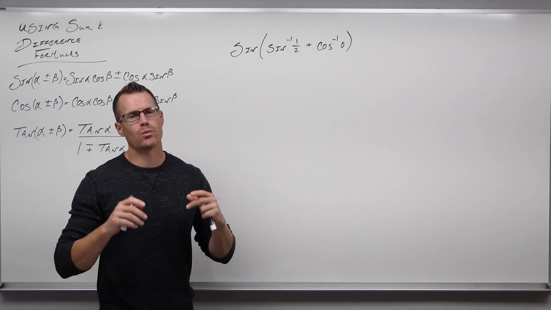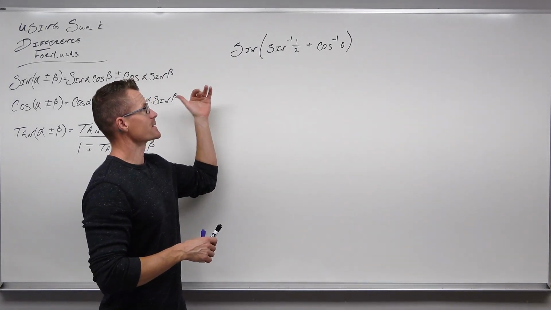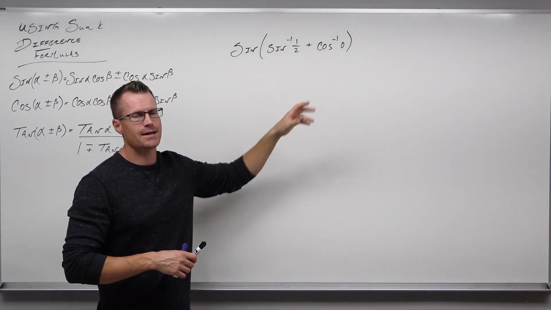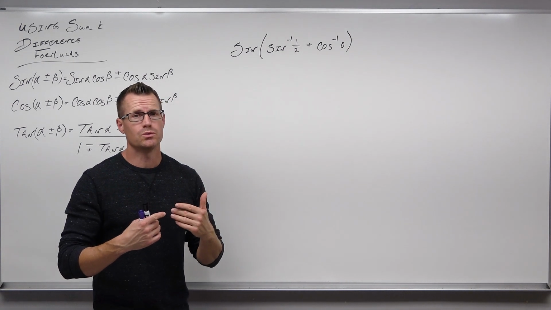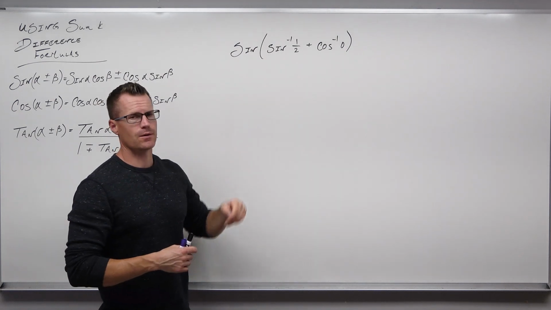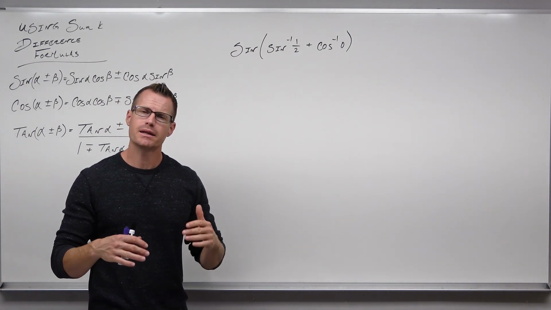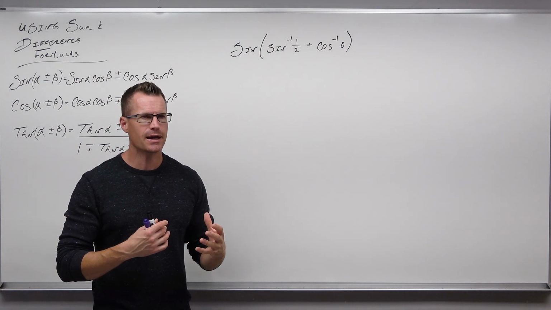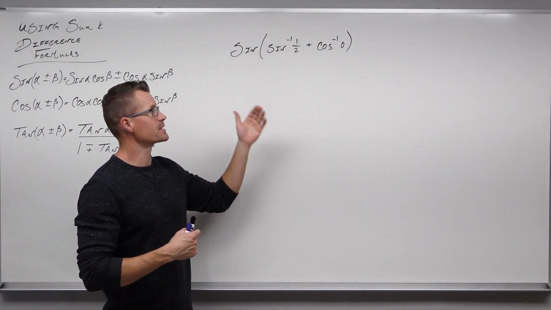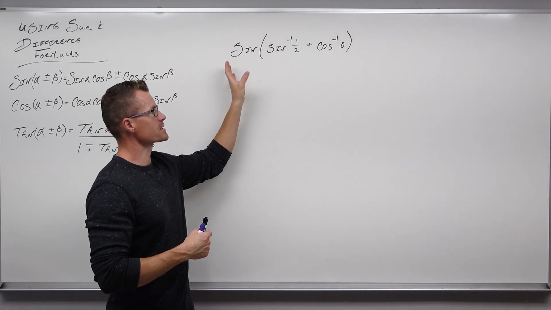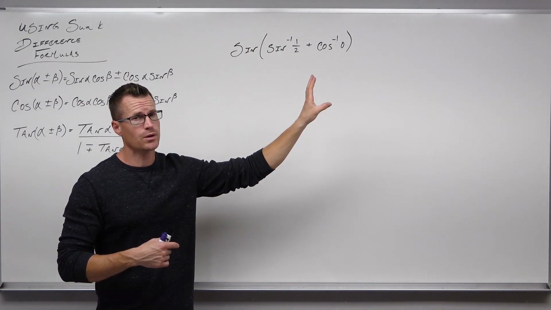So what to do and what not to do when you're dealing with sine of stuff that's added together with inverses. Firstly, could you distribute sine into here? No. Sine is an operator. It's not a value. So you can't just distribute this and get sine of this plus sine of that. It doesn't work that way.